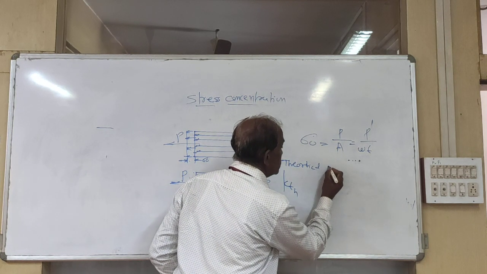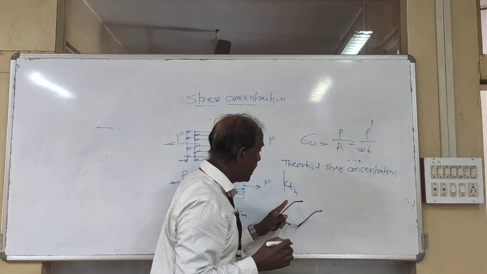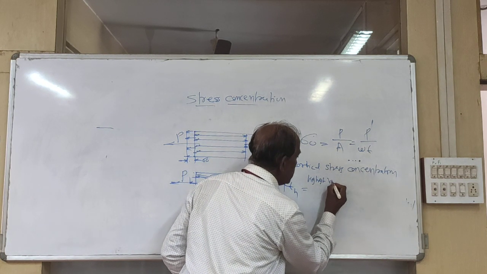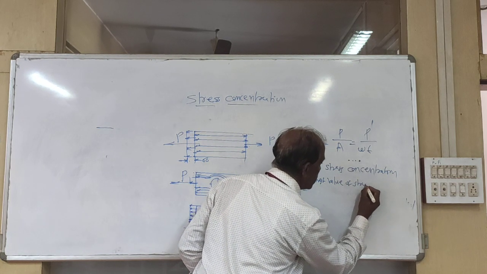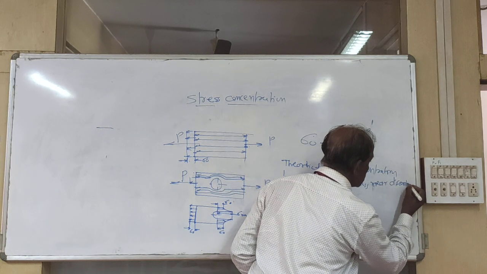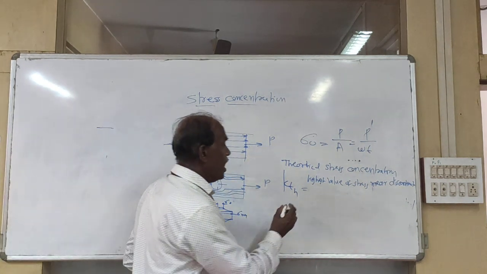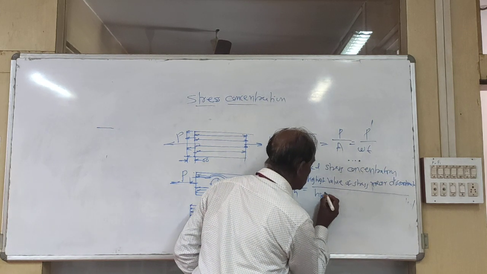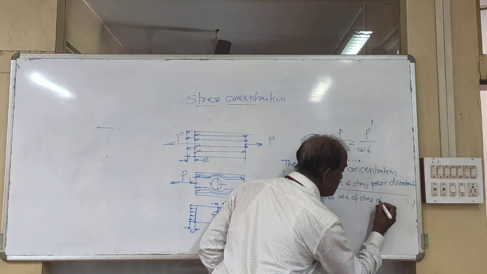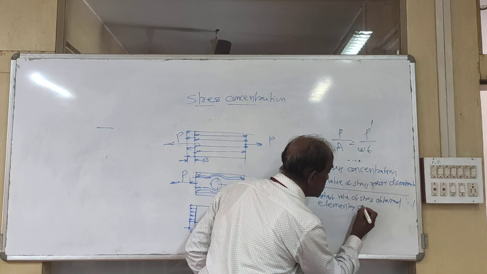Theoretical stress concentration can be defined as KTH equal to the highest value of stress near discontinuities in the form of oil holes, keyways, and so on, divided by the stress obtained from elementary design equations.